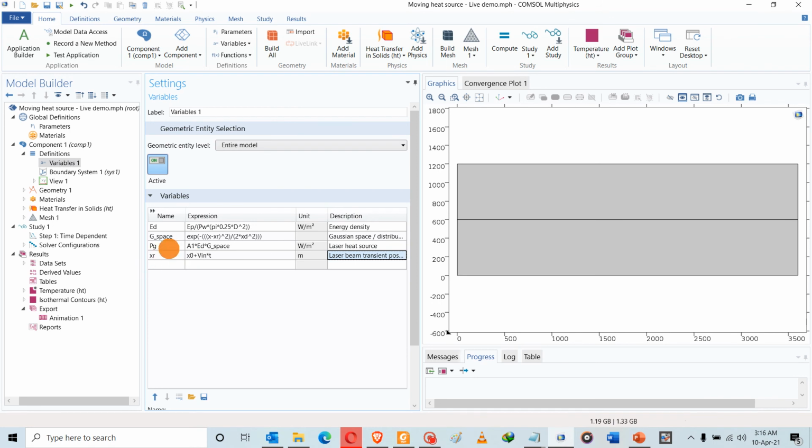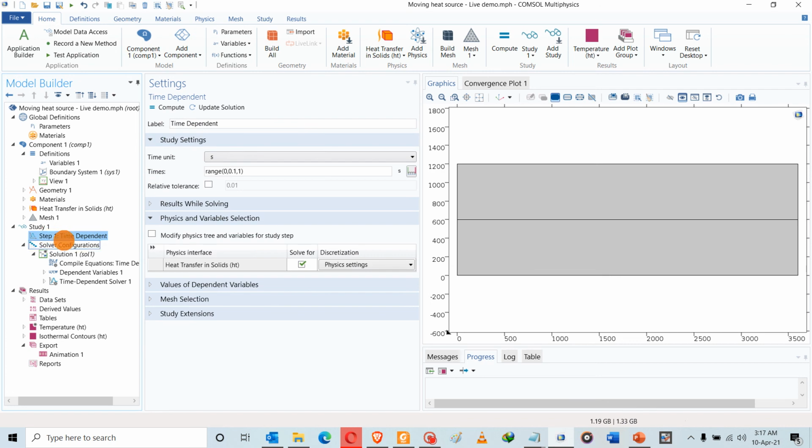Now, automatically the laser heat source equation is going to be modified, because the Gaussian has XR, which is the moving laser beam. And then here I would like to modify this as well.